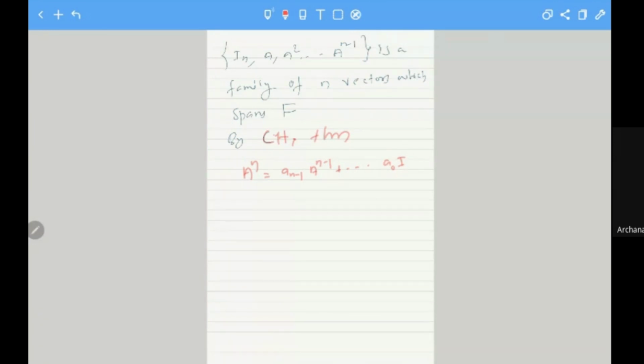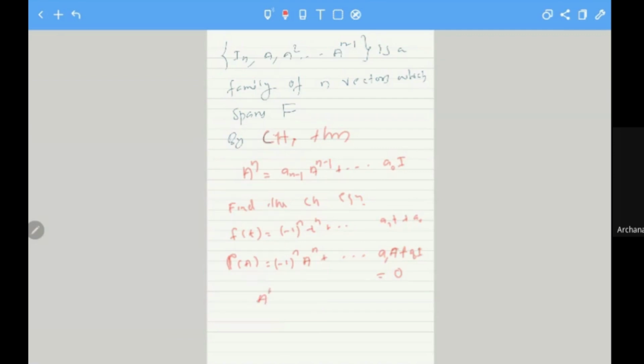So find the characteristic equation, a polynomial of nth degree, f of t equal to (-1)^n t^n plus etc. plus a_1 t plus a_0. The Cayley-Hamilton theorem says f of A is equal to 0.